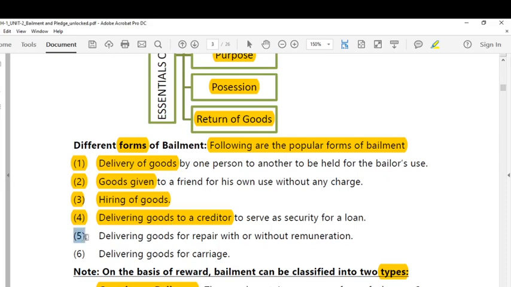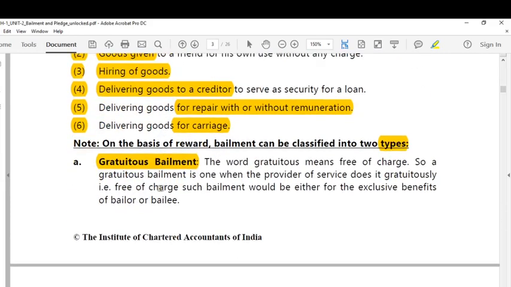The fifth form is delivery of goods for repair with or without remuneration. In both the cases, that will come under the fold of contract of bailment. The last form, the sixth one, is delivery of goods for carriage. So these are the six forms of bailment which are very popular forms under the contract of bailment.